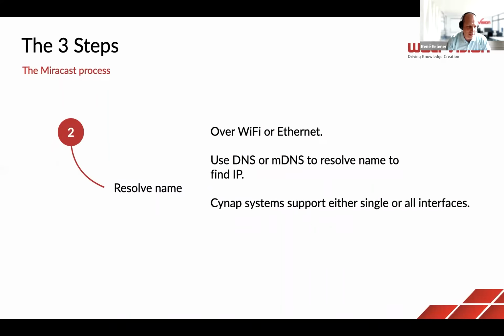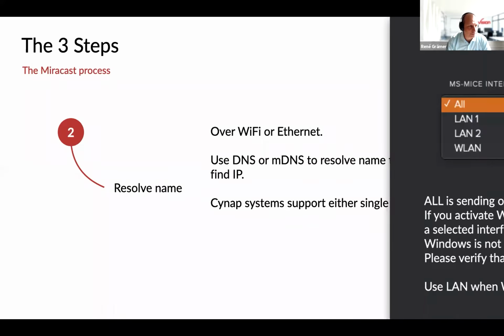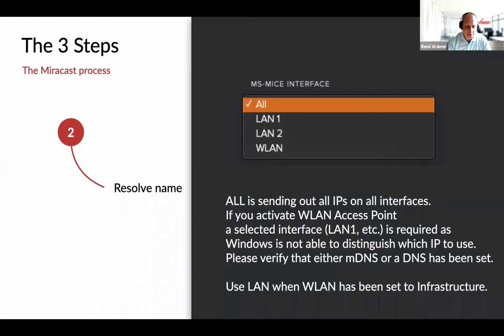And resolving the name, for that function, your laptop relies on DNS or mDNS. And on Cynap, you're capable to advertise all at the same time or just a single one. That's a configuration on Cynap.